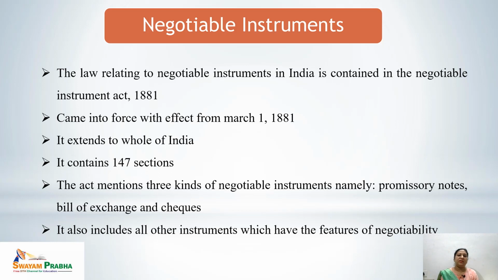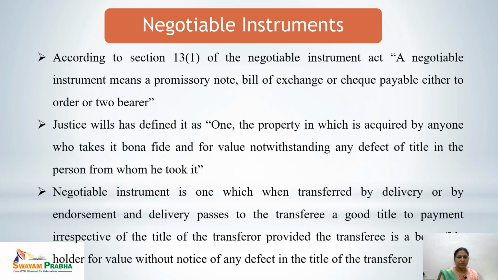Basically, the Negotiable Instrument Act contains three types of negotiable instruments, that are promissory notes, bill of exchange, and checks. But apart from this, all other instruments which have the features of negotiability can also be treated under the provisions of Negotiable Instrument Act 1881.